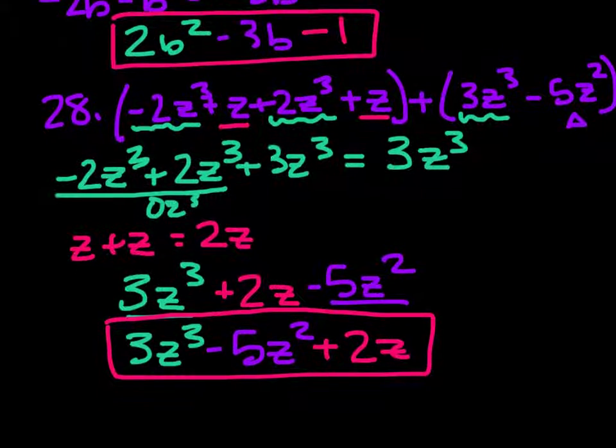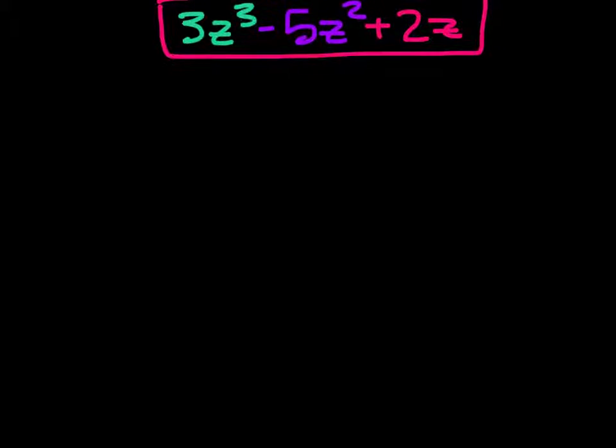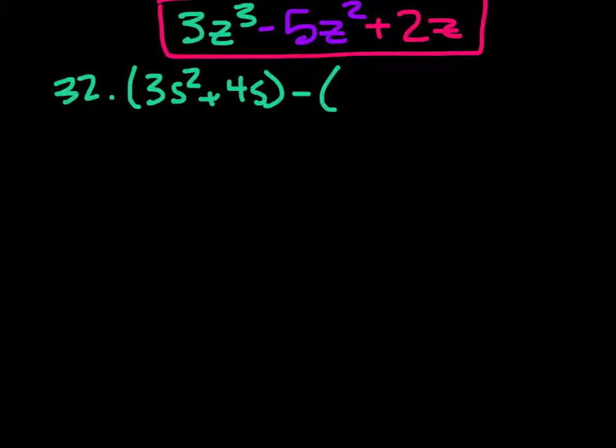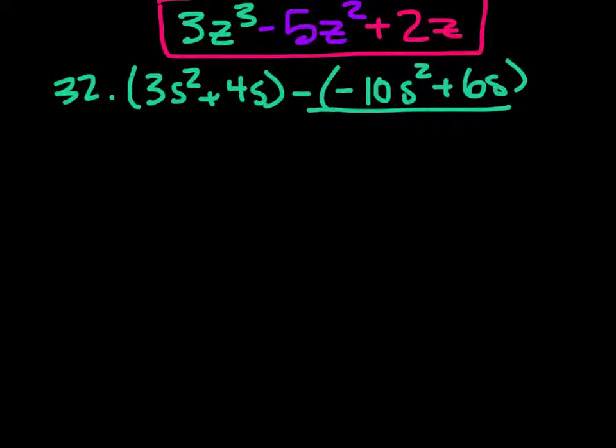All right, our next problem is number 32. I'm going to give myself some more space. I'm not sure why. We're on green now. 32. We have 3s squared plus 4s minus a negative 10s squared plus 6s. First things first, I want to rewrite this second expression as adding the opposites.